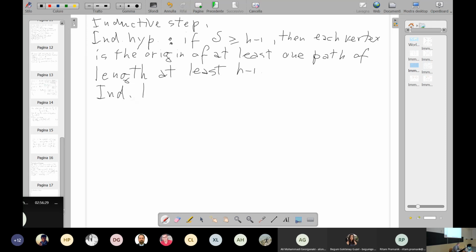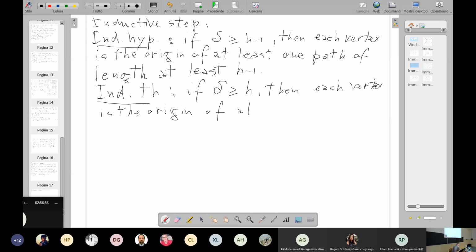Inductive thesis: if delta is greater than or equal to h, then each vertex is the origin of at least one path of length at least h.